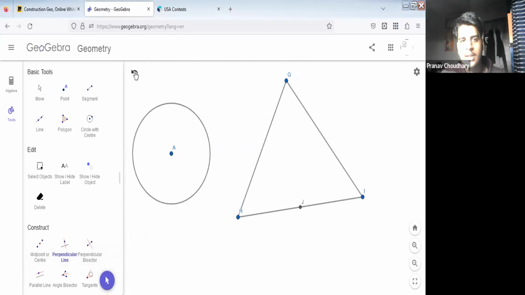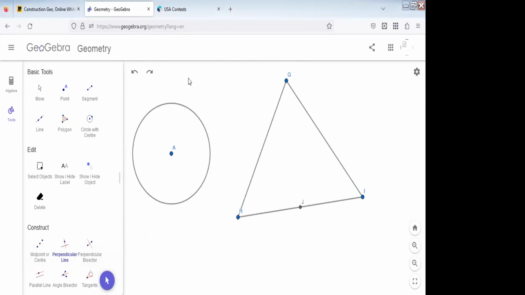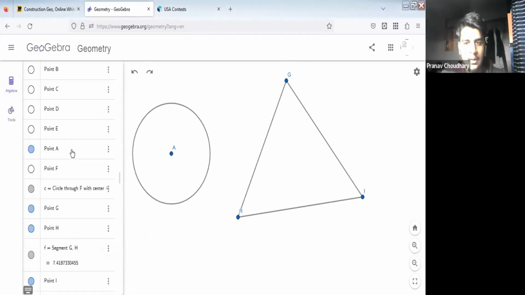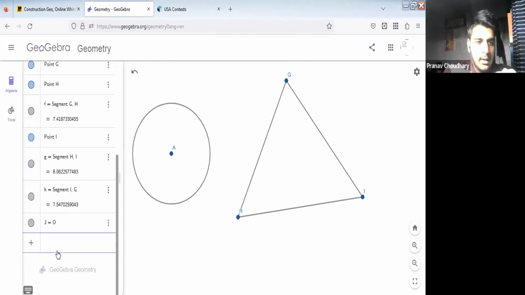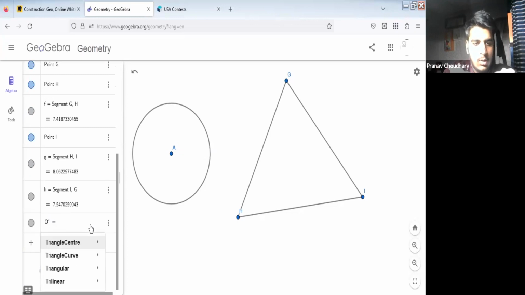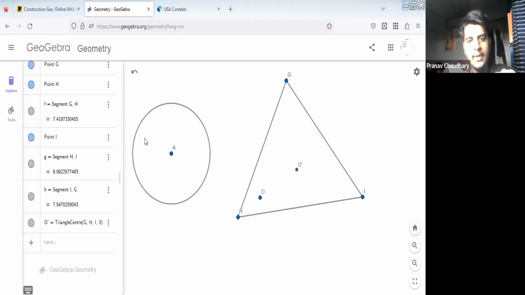So we can construct the circumcenter. Is this clear to everyone? Yes. Nice. So let's say O dash. So now we have the center of this triangle.